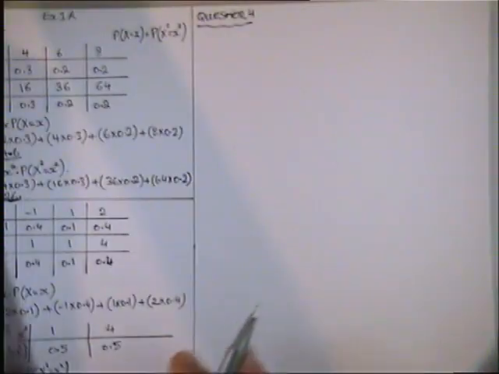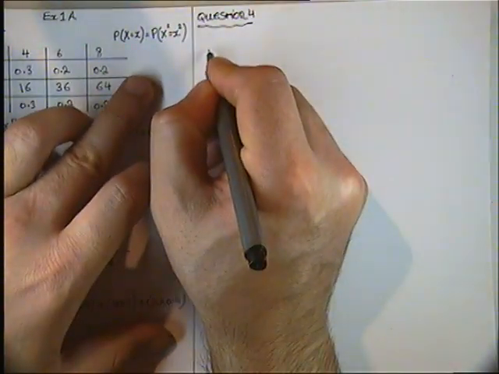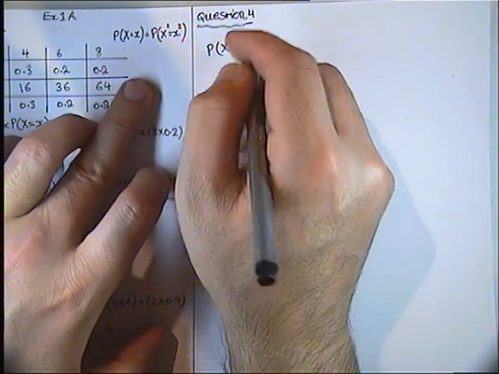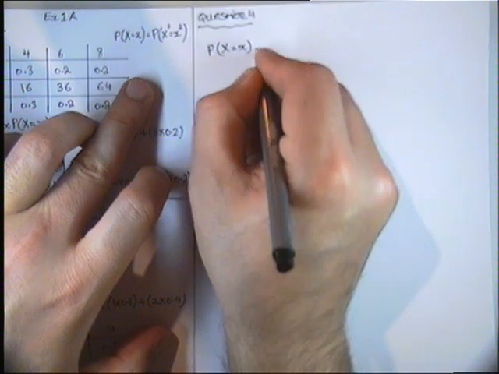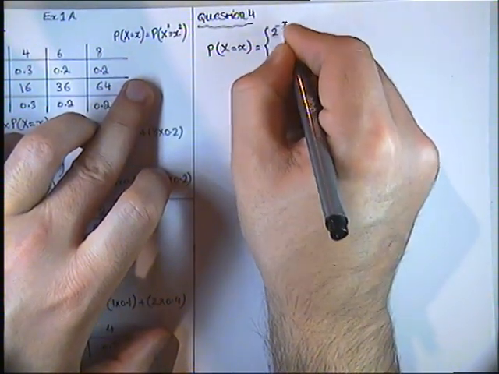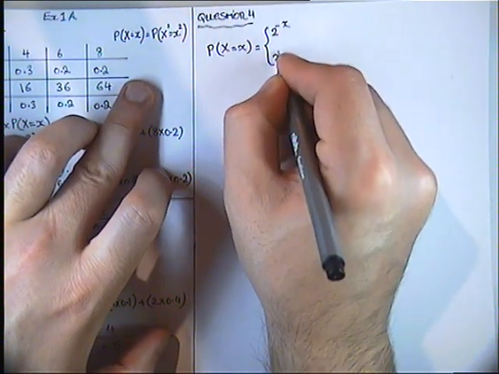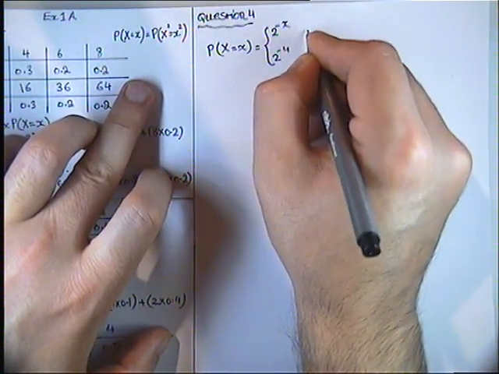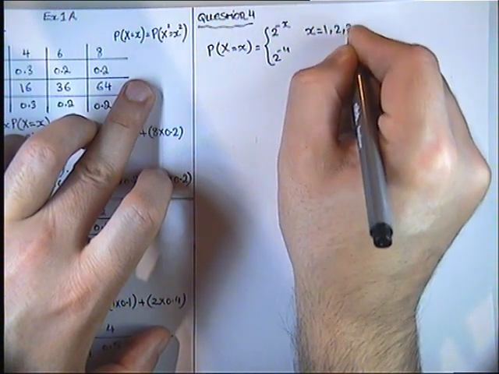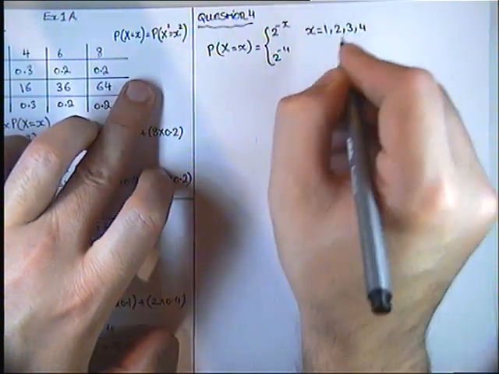Okay, let's write down the probability function first. Probability of x equals to x is given by 2 to the minus x when x is equals to 1, 2, 3, 4.